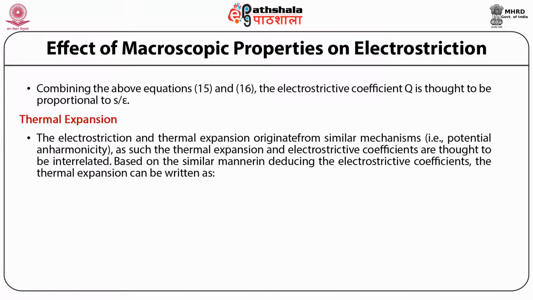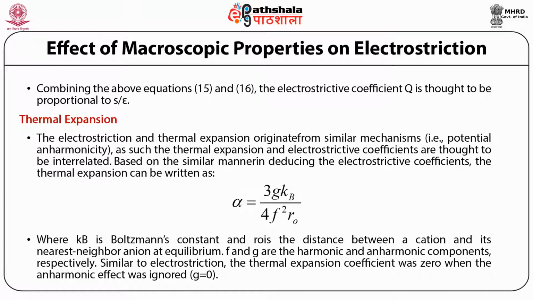In a similar manner to deriving the electrostrictive coefficients, the thermal expansion can be written as alpha equal to 3g kB divided by 4f square r naught, where kB is the Boltzmann's constant and r naught is the distance between a cation and its nearest neighbor anion at equilibrium.